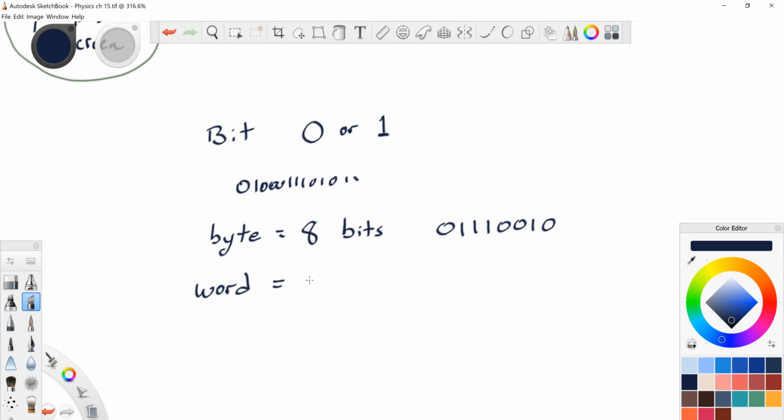So let's take that one up top: 1, 0, 1, 1, 1, 0, 0, 1 was 8. Then 9, 10, 11, 12, 13, 14, 15, 16. That is a word of information, 16 bits. Which is, by the way, where the term Bitcoin comes from.